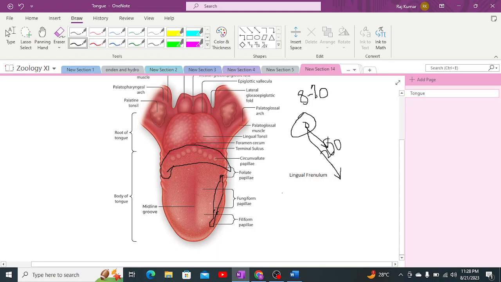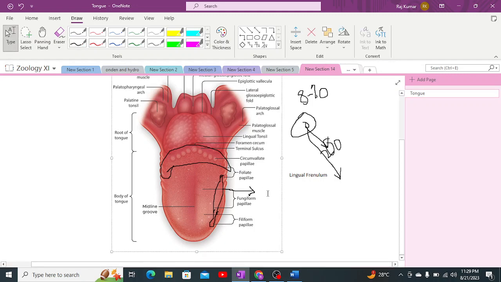Because they are smaller in size, they have fewer taste buds. How many? Almost 3 to 4 taste buds.